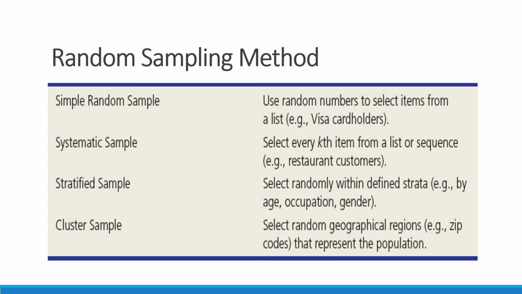The fourth random sampling method is cluster sample. In cluster sample, we do like what we did in stratified sample, but here the selection criteria is according to geographical regions.